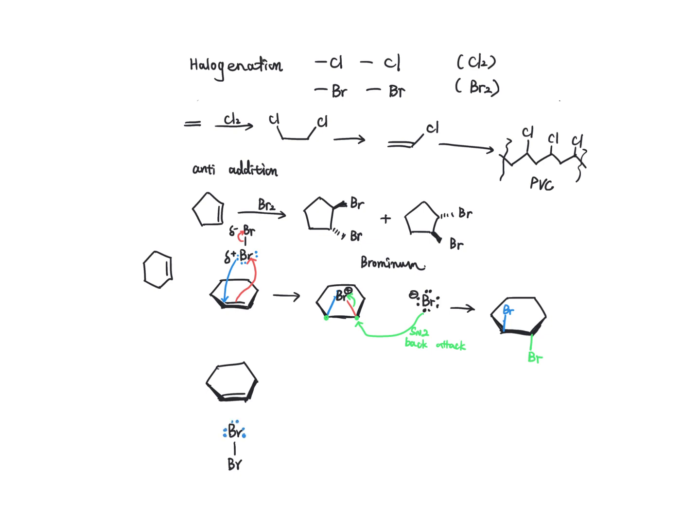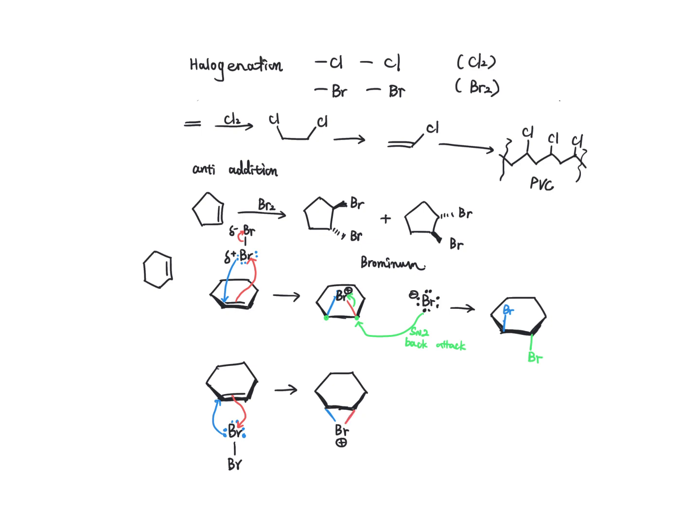First the pi bond comes here, and one of these goes here, right? So that will give you another intermediate, and this time what you will see here is this bromonium ion kind of formed like under. So you have bromine right here, positive charge, and it's under the ring right here.